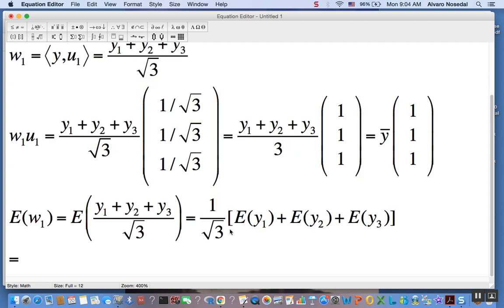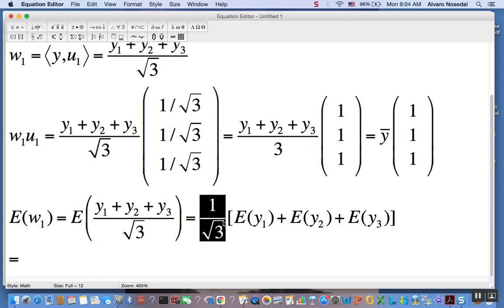Now it turns out that the expected value of y1, remember that y1 is equal to beta 0 plus epsilon 1. The expected value of epsilon is 0, so we only have beta 0 here.